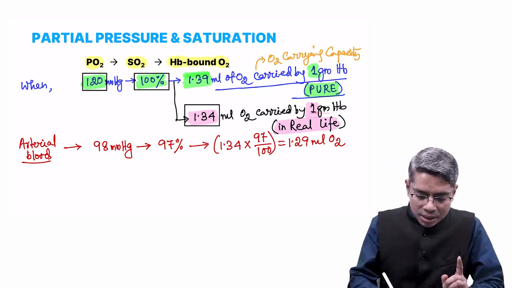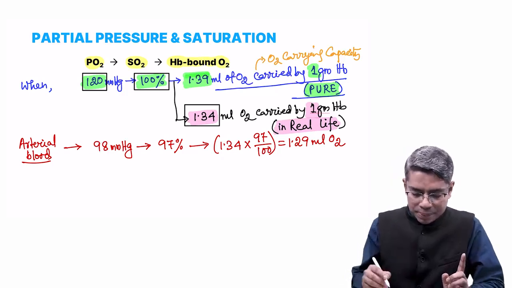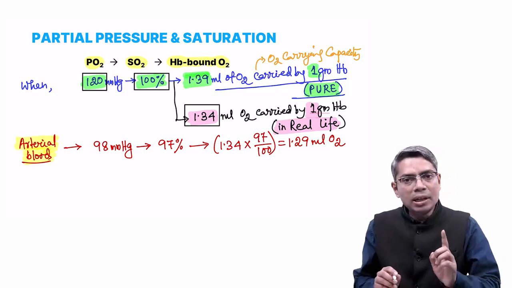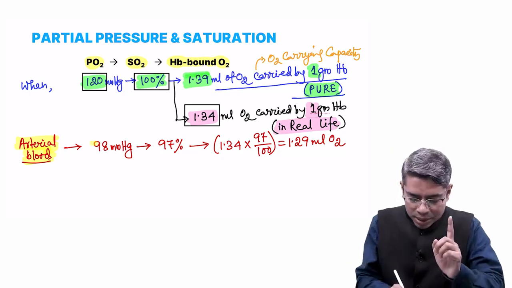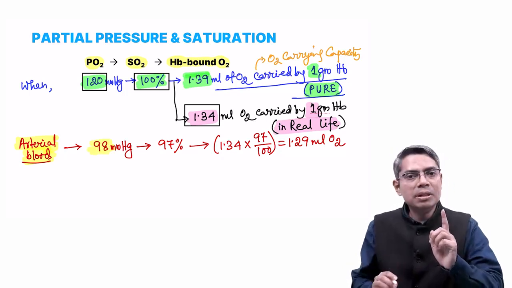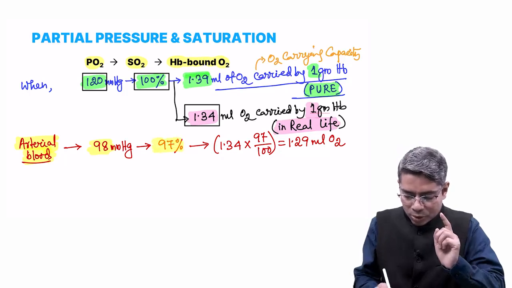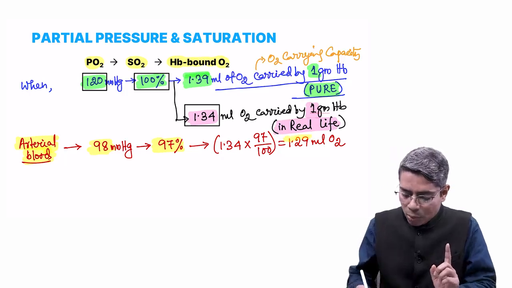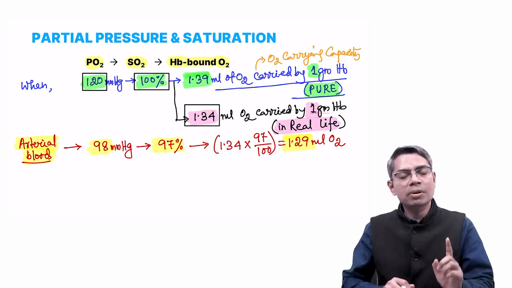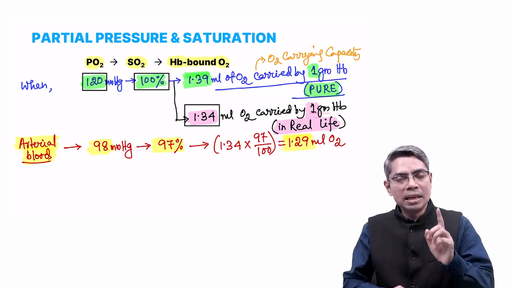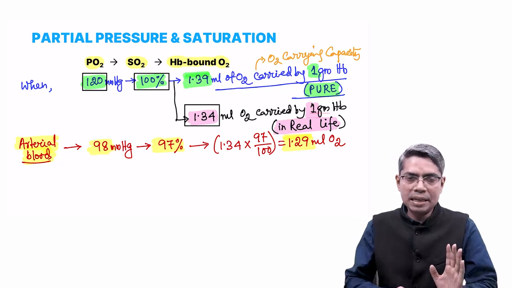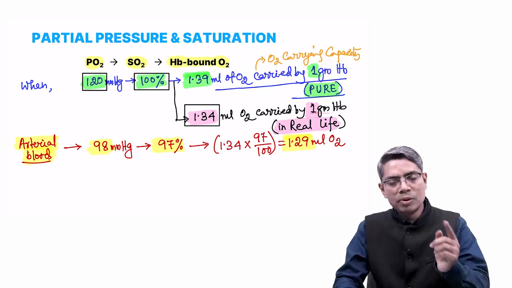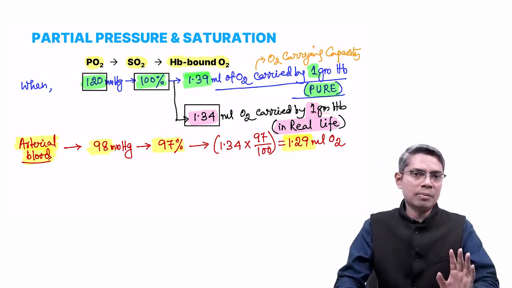So, in arterial blood, look very carefully. Partial pressure of oxygen is 98 millimeter of mercury, saturation of hemoglobin is 97%, and 1 gram of hemoglobin is carrying 1.29 ml of oxygen. Getting my point?